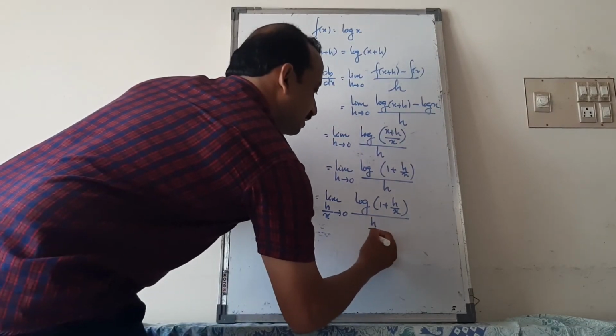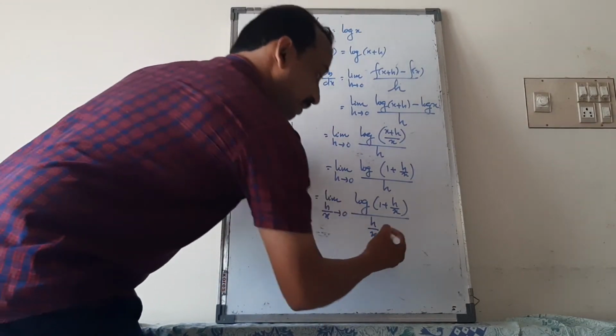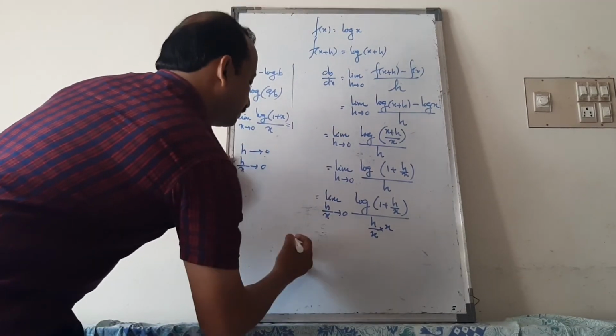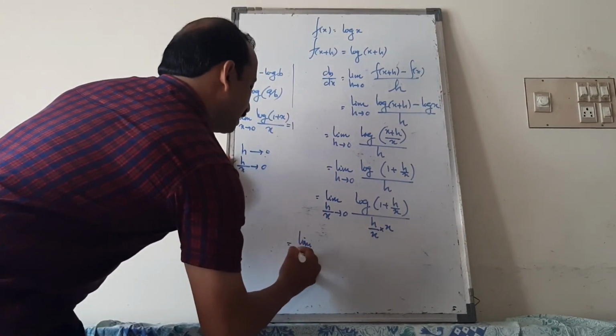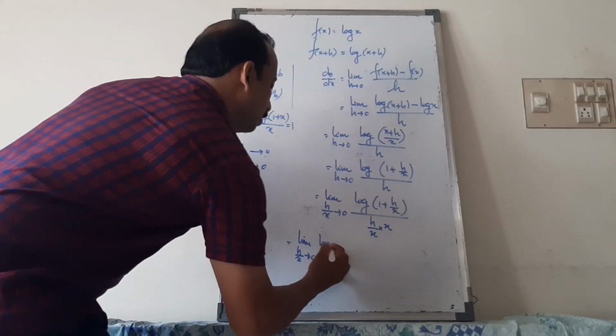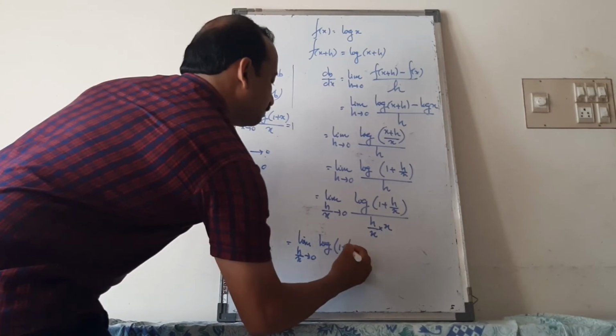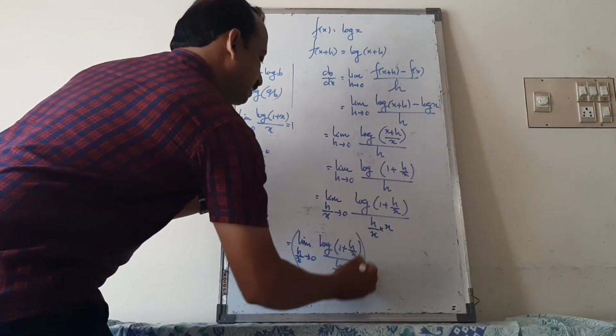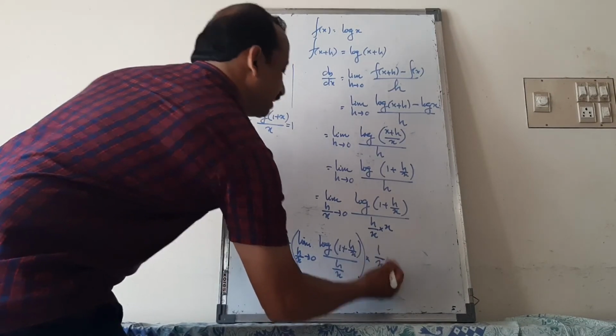Now multiply and divide by x. Therefore, limit h by x tends to 0 of log(1 plus h by x) divided by h by x, into 1 by x.